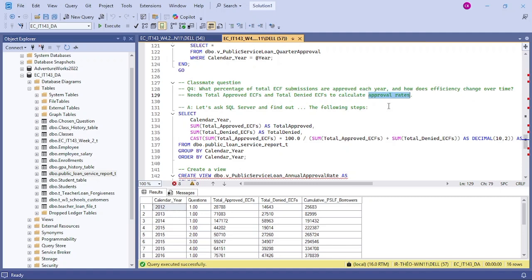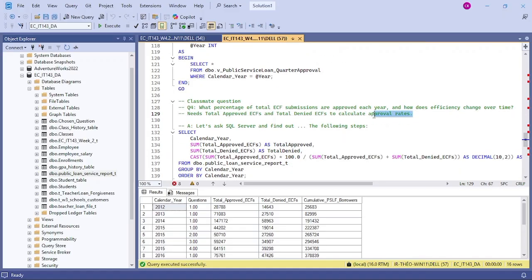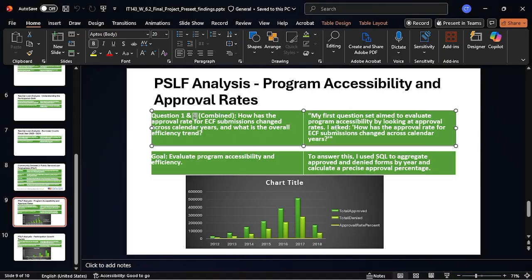So you will understand that these two questions overlap. So I will directly use the fourth question, which finds both total forms approved and deemed and calculates the rate. This question set aims to evaluate program accessibility by looking at approval rate. So the goal is to evaluate program accessibility and efficiency.